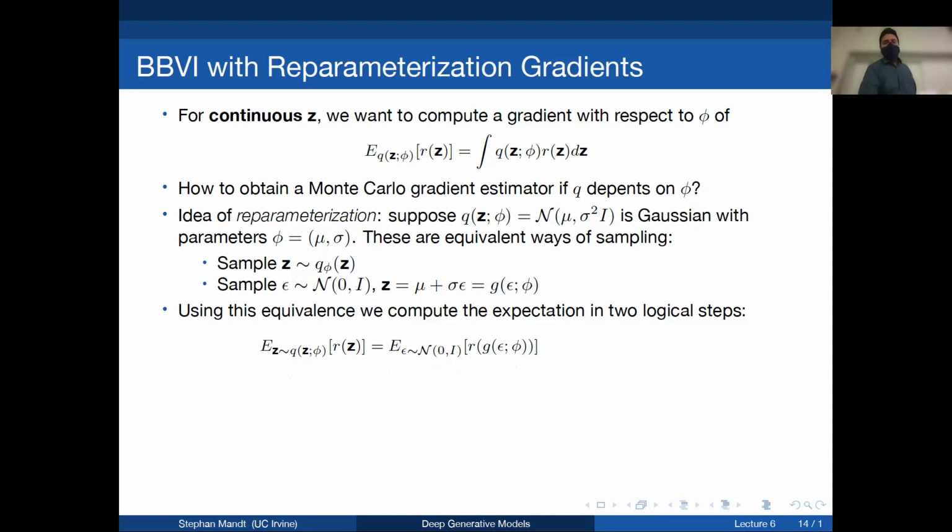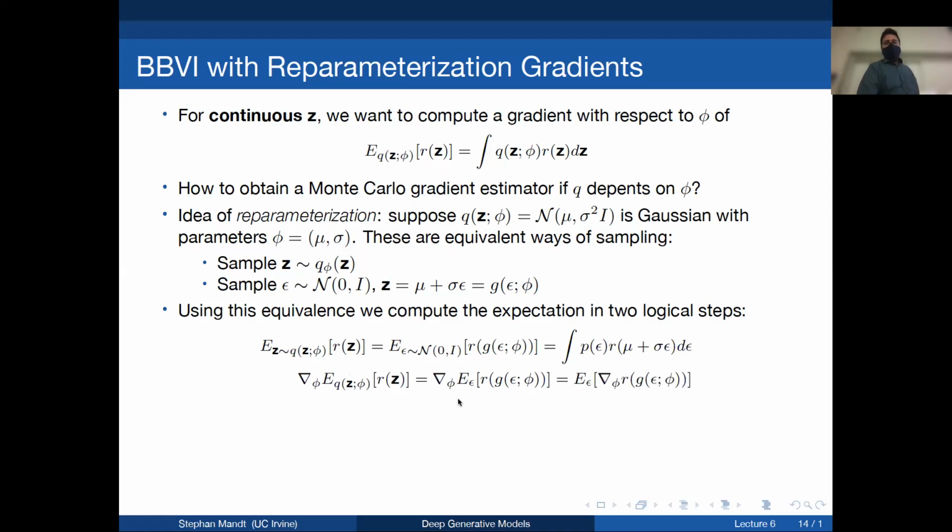All right. So how is that useful? Well, first of all, this is another way to write it. I can call it p of epsilon, which is this Gaussian noise variable, and then R evaluated at mu plus sigma epsilon. Now, if I want to solve my original problem of computing the gradient with respect to phi of this expectation of R, this is the equivalent expression.